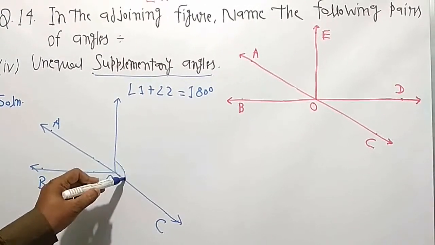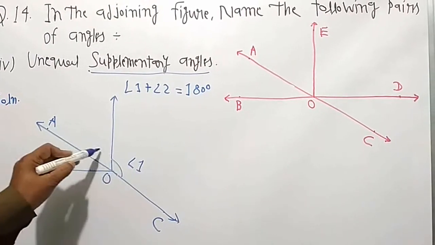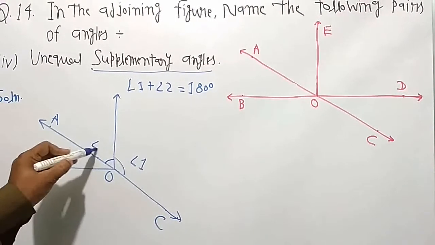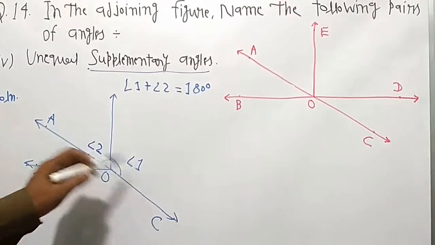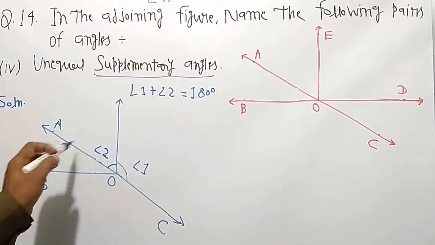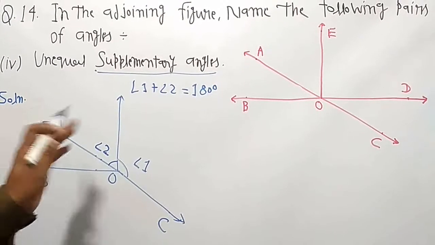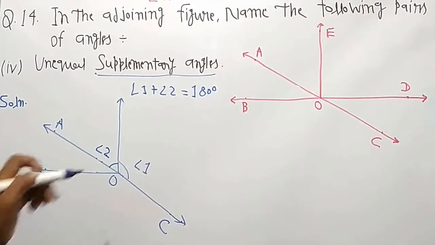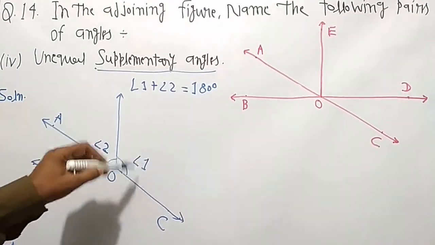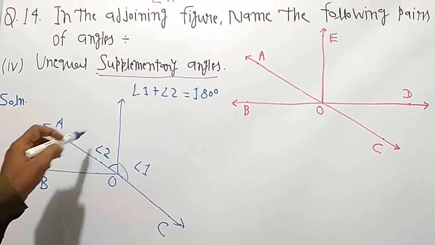This is our angle 1 and this is our angle 2. So it is the obtuse angle, more than 90, and this one is less than 90, an acute angle. So these are unequal angles, and they give us the concept of supplementary angles. It means when we add the measurements of angle 1 and angle 2, it is 180 degrees.